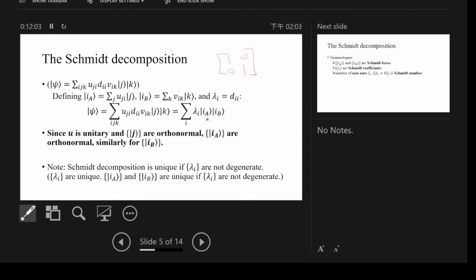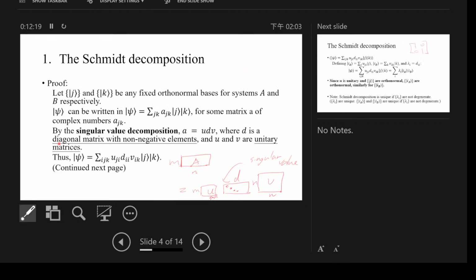But we also need to check a bit more. We need to check that the I_A and the I_B are orthonormal bases. So the I_A need to be orthonormal to each other, and the I_B need to be orthonormal to each other. We use another property of singular value decomposition: that U and V are unitary.